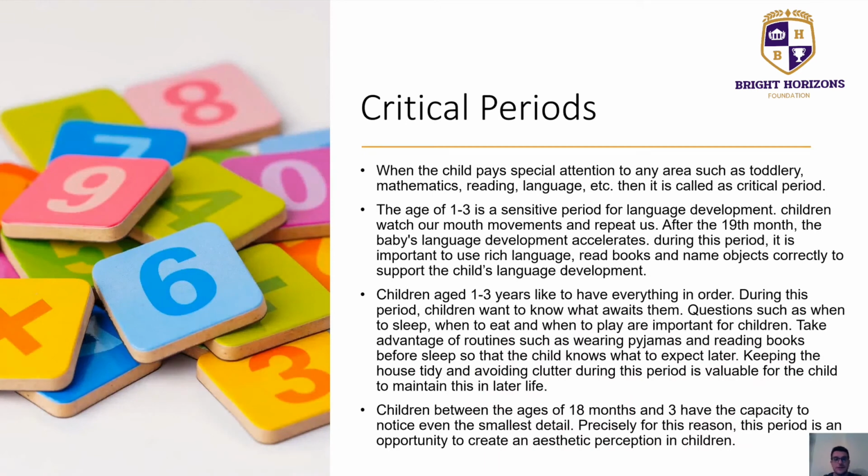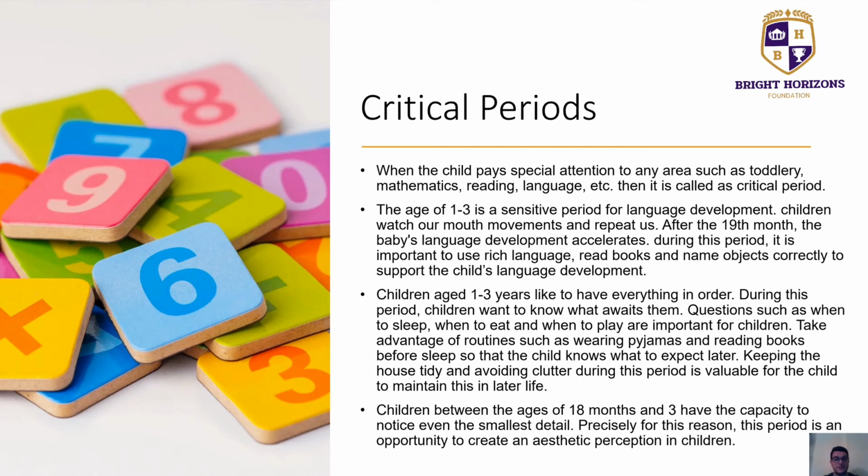Finally, let's focus on the last essential principle of the Montessori method of education, known as critical periods. The question becomes what the critical periods are. When the child pays special attention to any area, such as toddlerhood, mathematics, reading, language, etc., it is called a critical period.